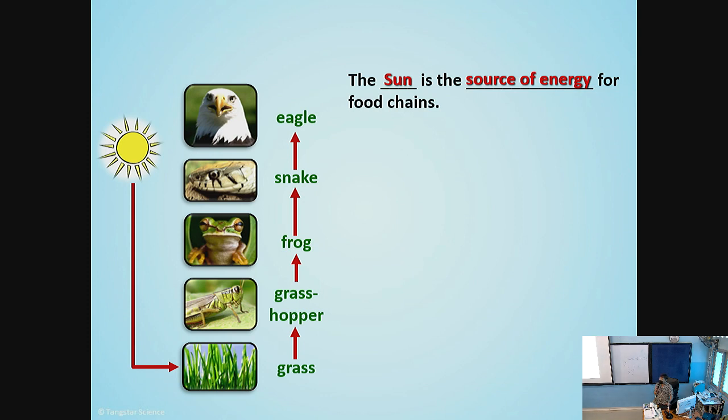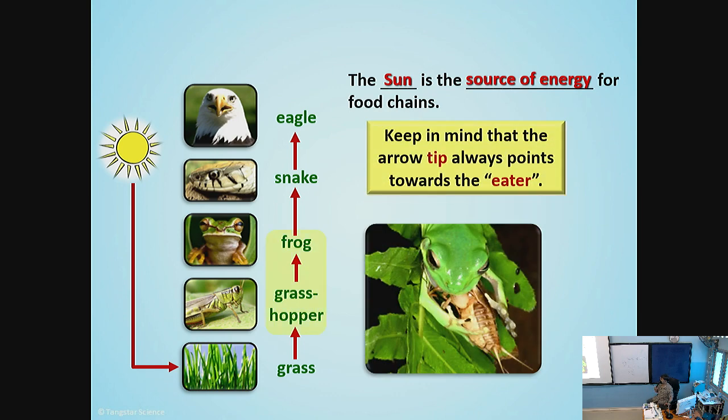The grass is eaten by the grasshopper, which is eaten by the frog, which is eaten by the eagle. That's how to read your food chain.